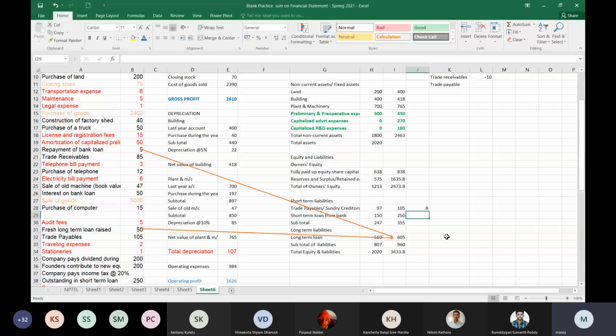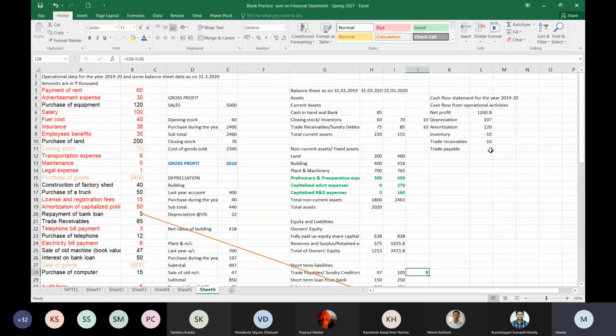So our trade payable, if you remember, arises when you buy something from somebody but you do not pay. That means somebody's money is invested in the stock that has come to your godown without making payment. It is as good as some cash coming in. Last year this data was 97. This year the data is 105. That means 8 rupees worth of cash flow has happened. Cash inflow has happened. That means it is positive cash flow.